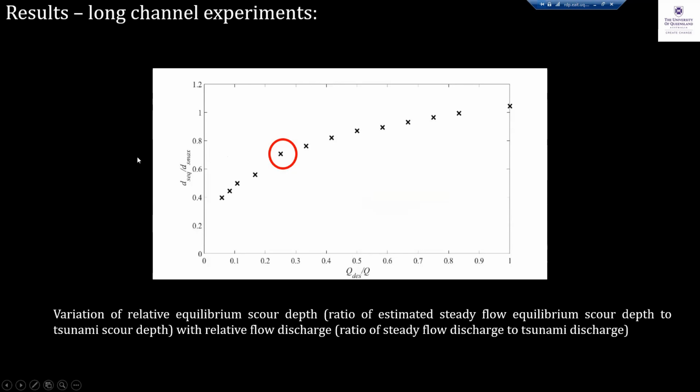So we are underestimating scour depth by 40% if we neglect the tsunami discharge. And the main point here is that a steady flow to achieve its maximum scour depth would need 30 days or 60 days in the field, whereas a tsunami has a duration of only 6 hours or a maximum of 12 hours. But still you see higher scour than a steady flow.